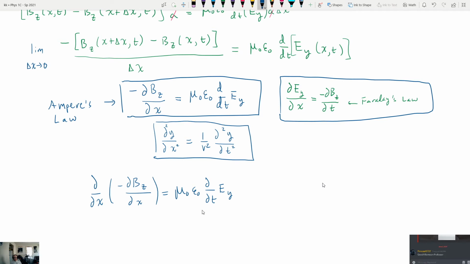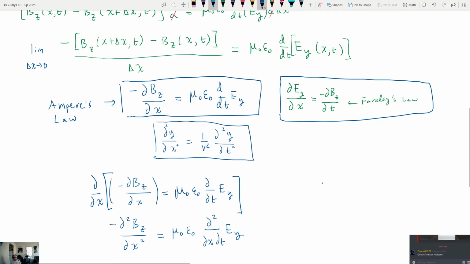And what we'll get on the left-hand side is negative second derivative of Bz with respect to space. On the right-hand side, we'll get a mixed partial derivative, where it's the derivative with respect to x and then t of Ey. All right.